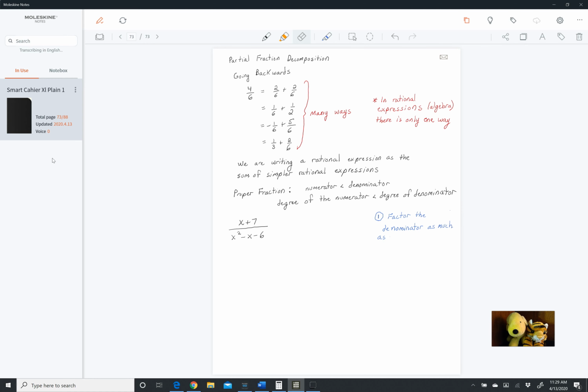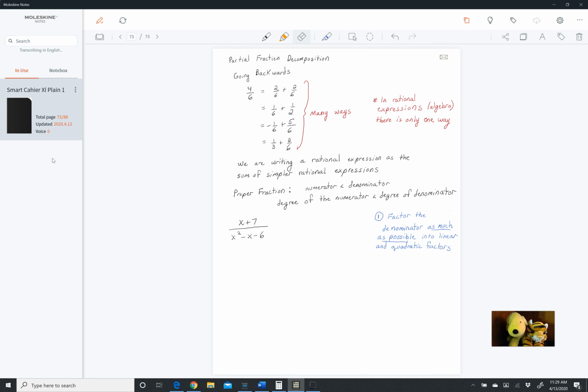And you want all of your factors to be either linear or quadratic. Now these words, as much as possible, are critical.